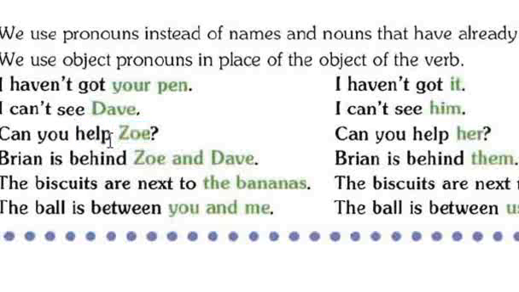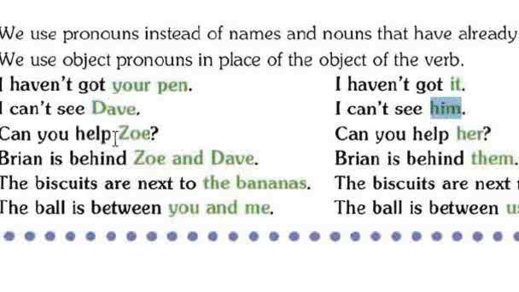Okay? For example, I cannot say I can see he. No, because he is a personal pronoun or a subject pronoun. Okay? So I have to say him. The same is with Zoe.